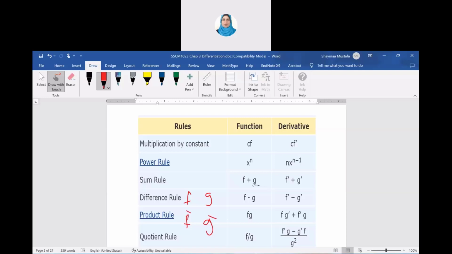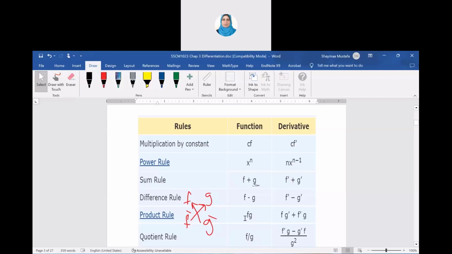Then the derivative for the multiplication will be equal to the derivative for f times g plus the derivative for g times f. So you need to apply this product rule.